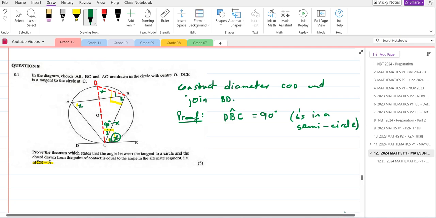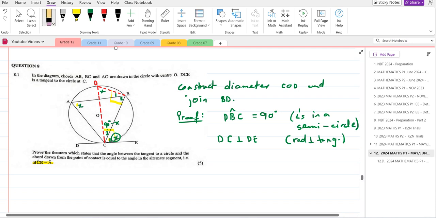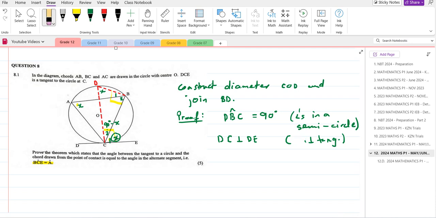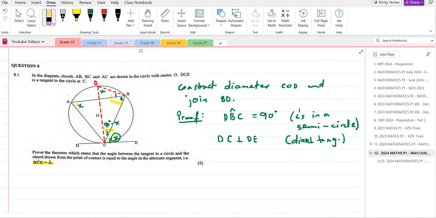Next, we say DC is perpendicular to DE, because diameter is perpendicular to tangent.